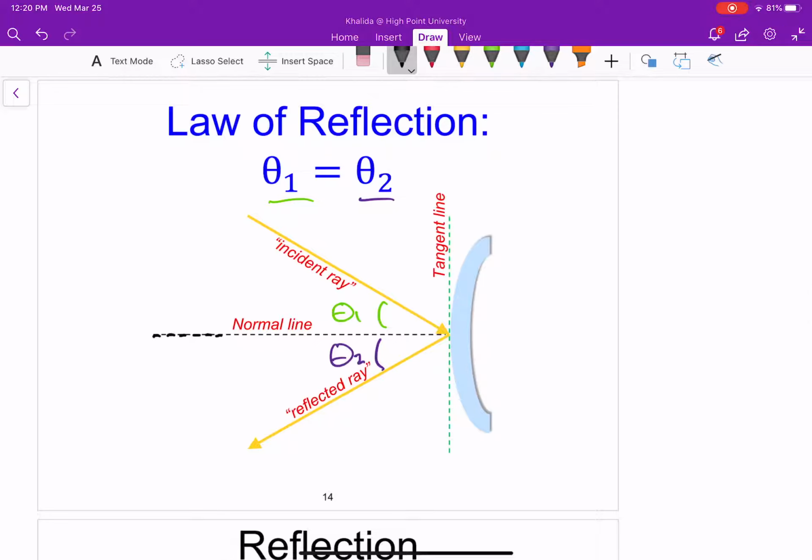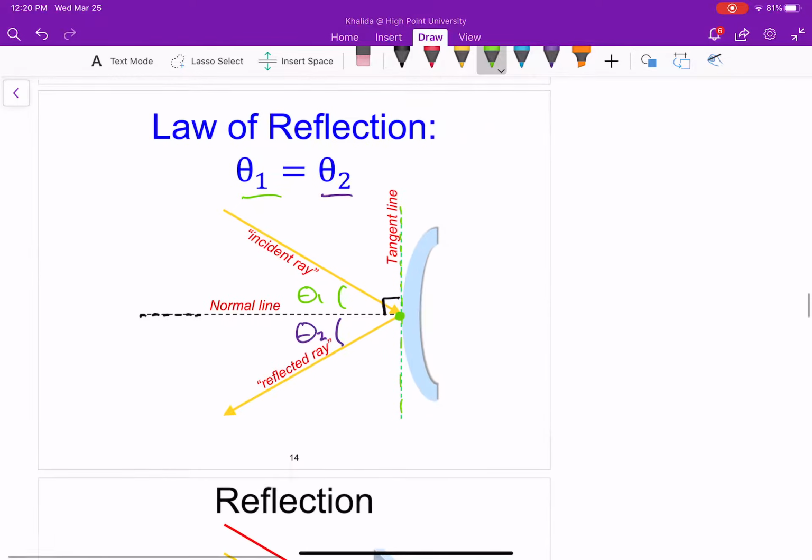But the normal line can't be 90 degrees to a curved surface, so it's 90 degrees to a tangent line that is tangent to the surface at the point that the ray hits. So you draw a tangent line right at that point, 90 degrees to that is your normal line, and then that's how you measure your theta 1 and your theta 2.